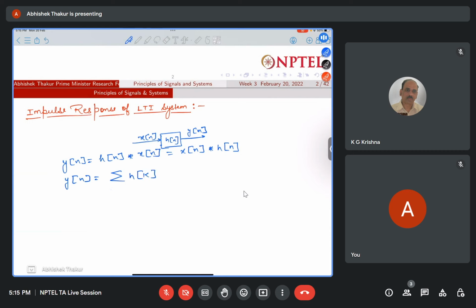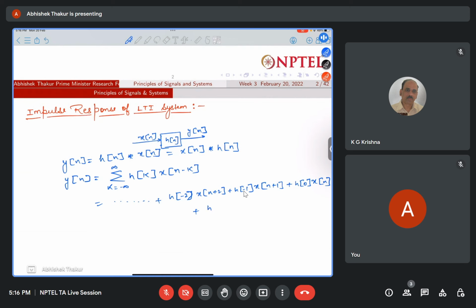This convolution, h[n] convolved with x[n], can be written as the sum over k from minus infinity to infinity of h[k] x[n minus k]. Let's break it into terms. For k up to minus 2, it will be h[minus 2] x[n plus 2] plus h[minus 1] x[n plus 1] plus h[0] x[n].